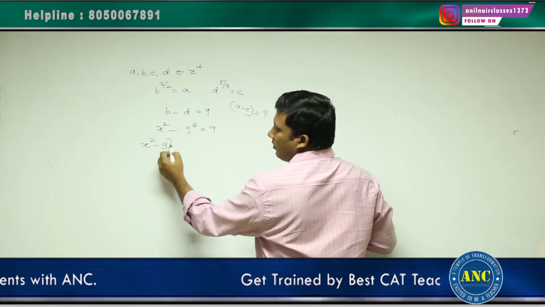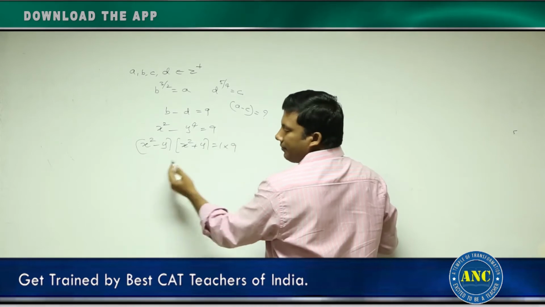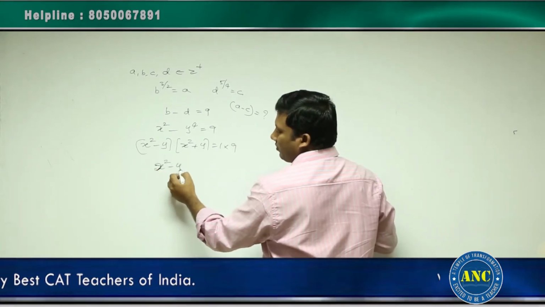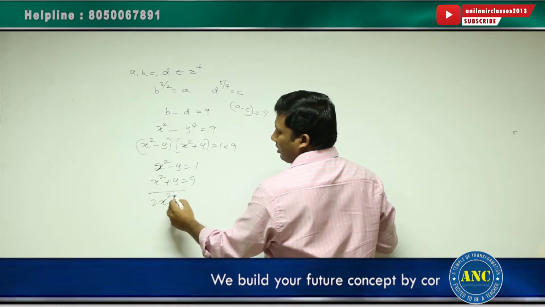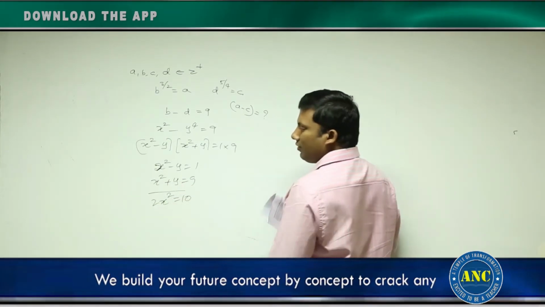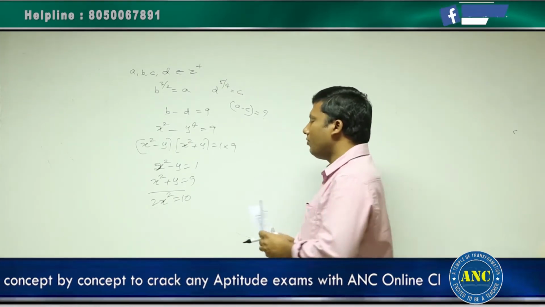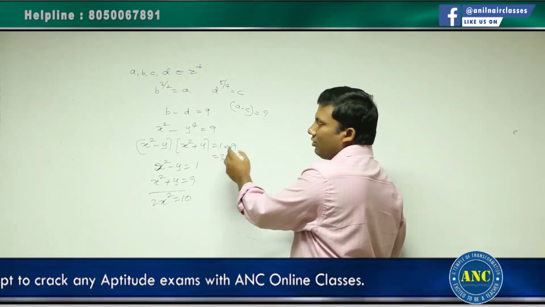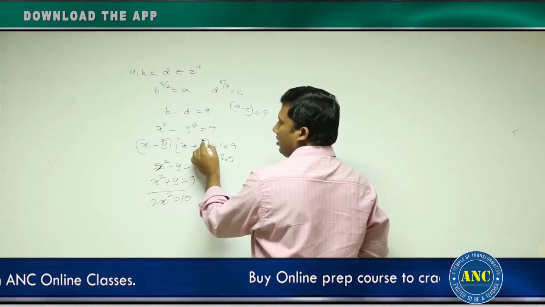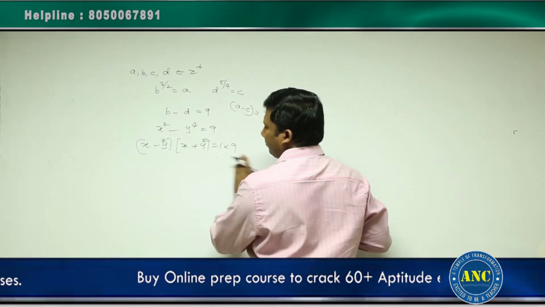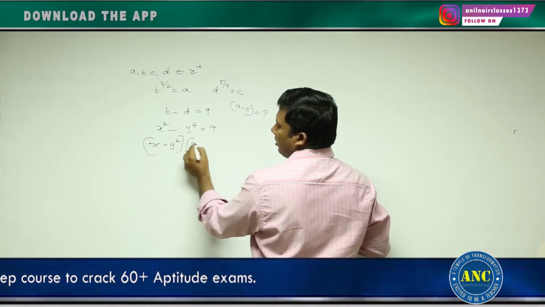X square minus y into x square plus y equivalent to 1 into 9. Sorry, it is (x minus y) square and (x plus y) square: (x minus y) square into (x plus y) square.